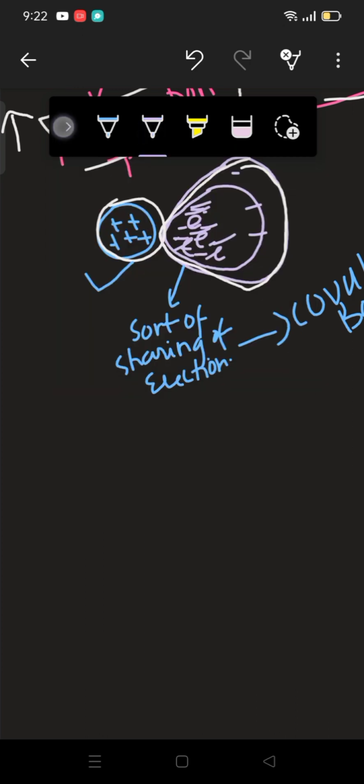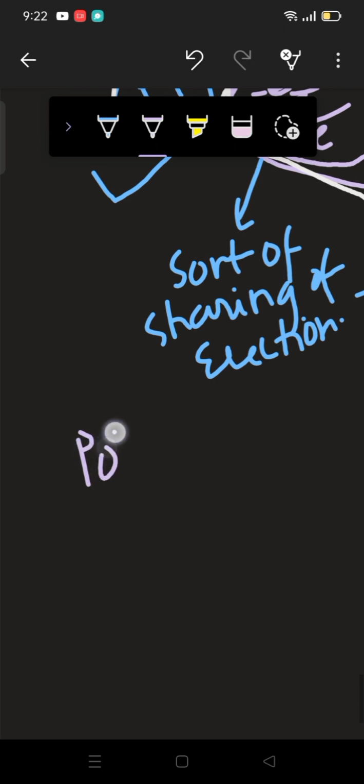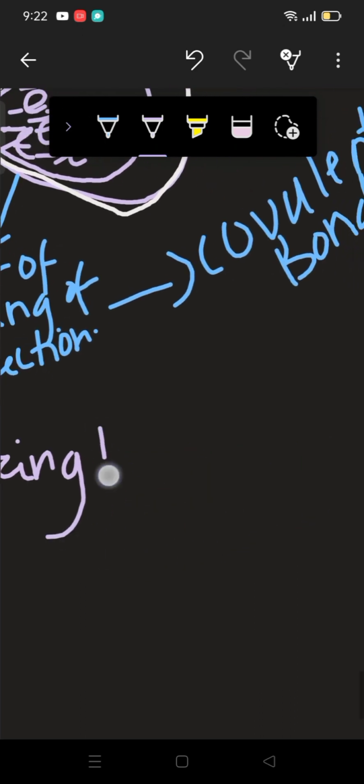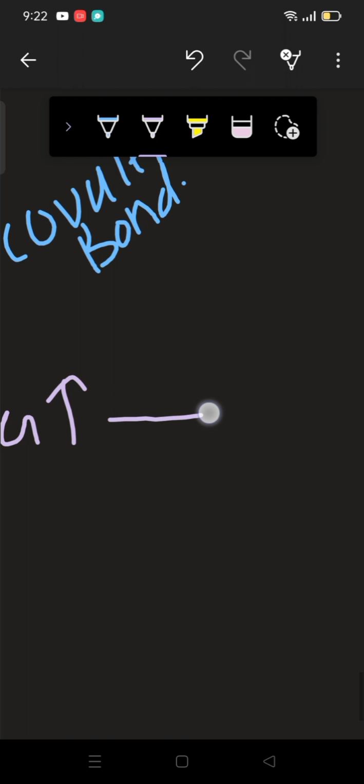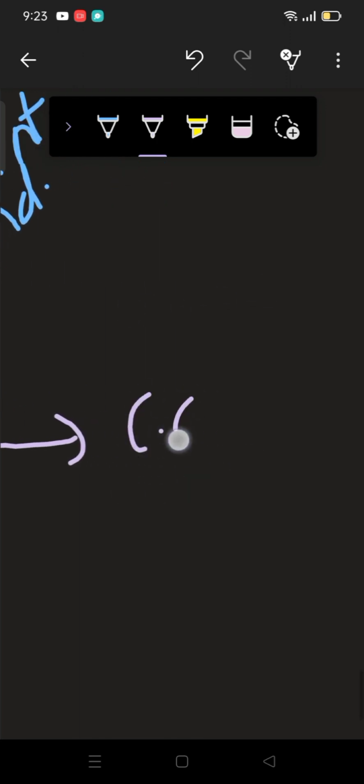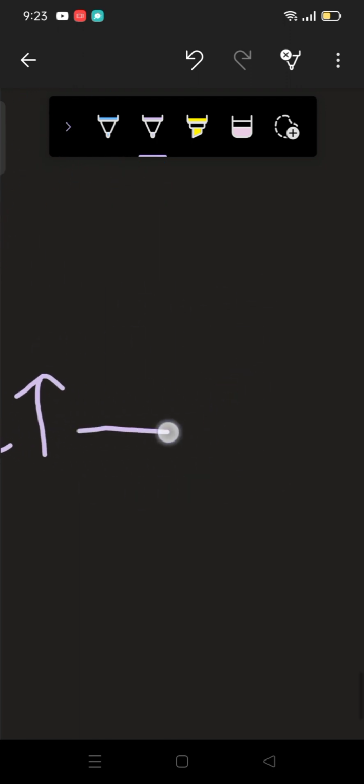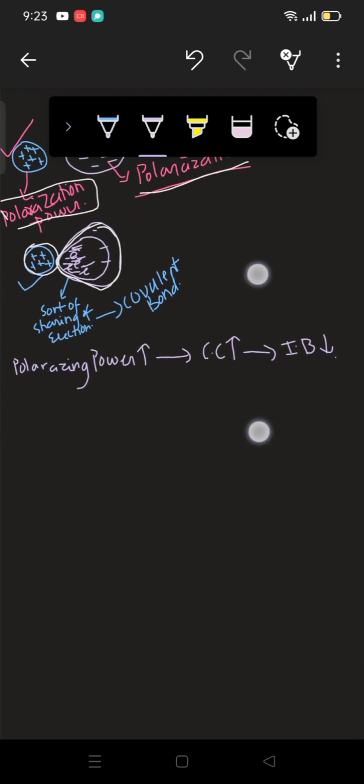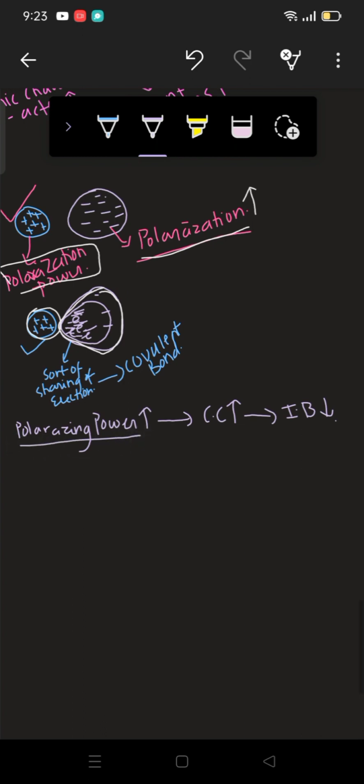Polarizing power more means covalent character more, which means ionic bond less.